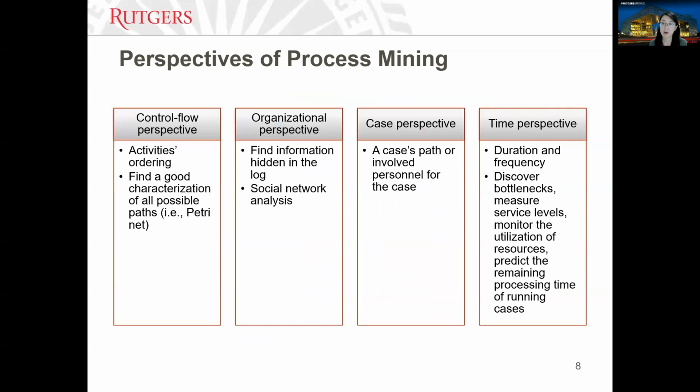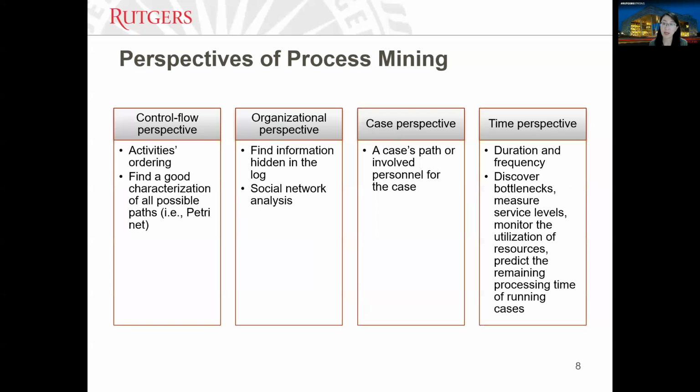So the perspectives are mainly categorized into four types. Control flow perspective focuses on the control flow, such as the ordering of different activities, identifying all possible transaction paths.